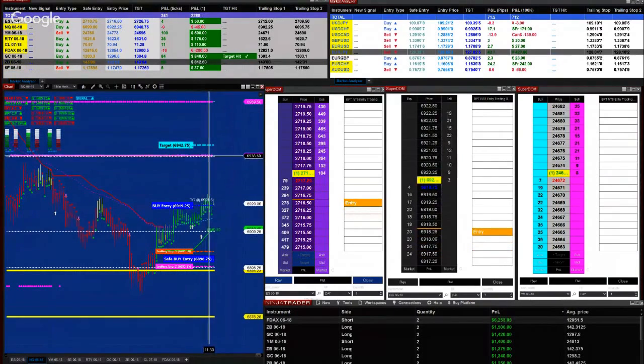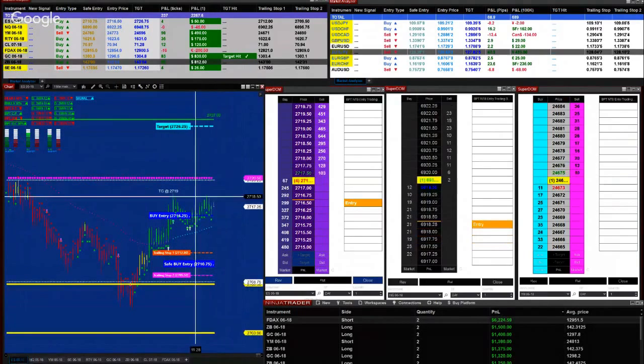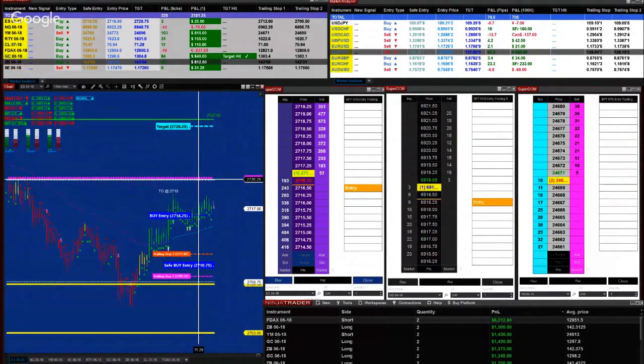Remember, you have a resistance at 69.38. And then we have a resistance at 27.20, 25. Okay. This one is going to drive us crazy.